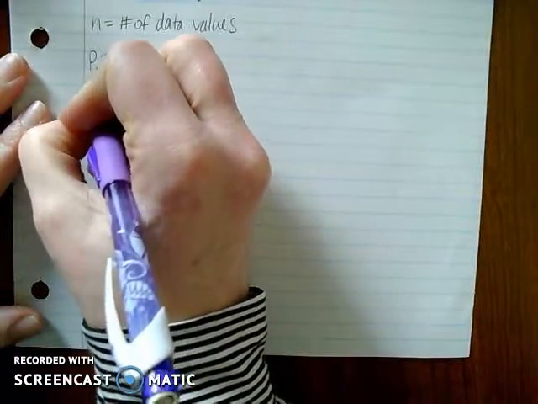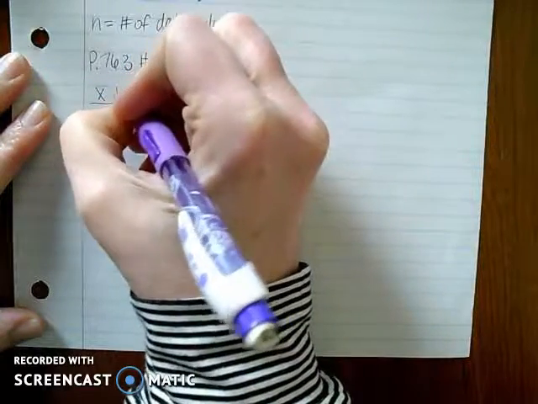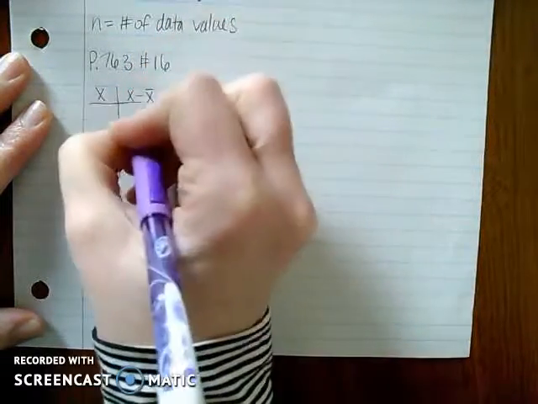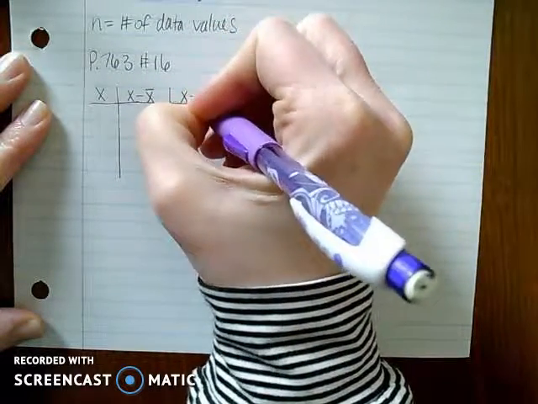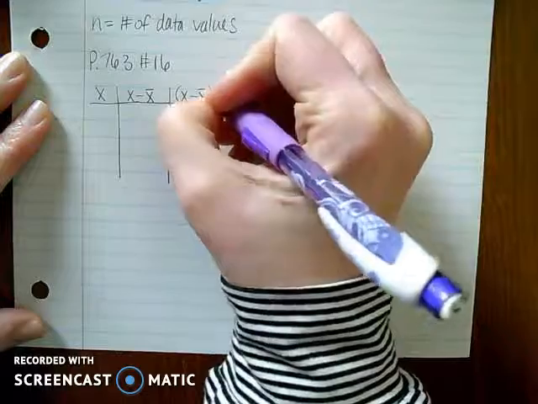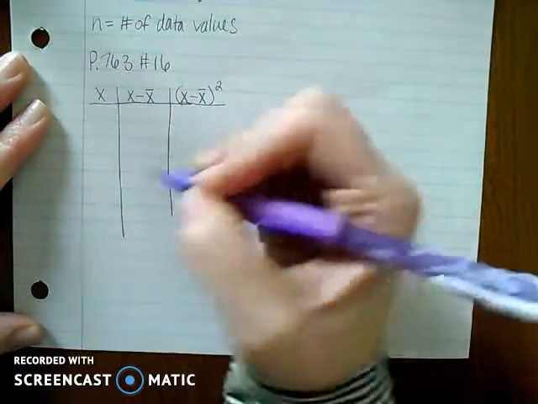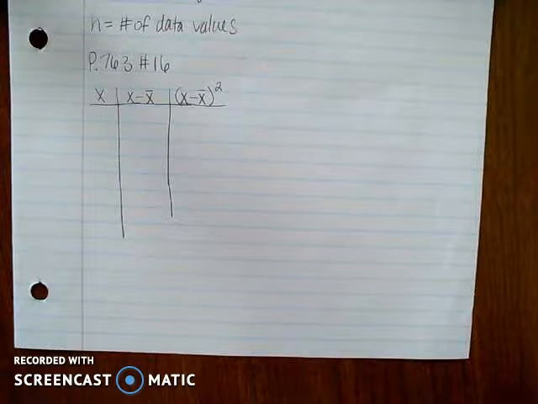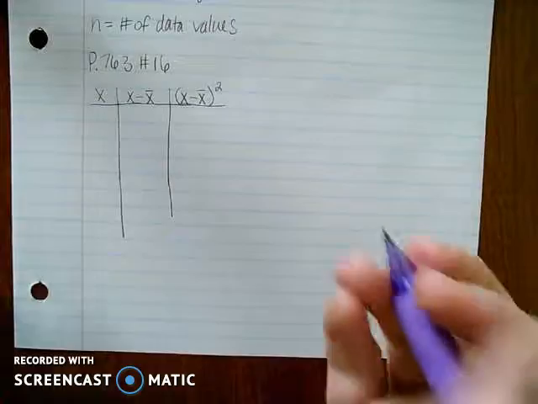So I'm going to make this chart. First, I'm going to put all of our x's, and then I'm going to put x minus x bar, and then I'm going to put x minus x bar squared. And again, I'll kind of show you, some people skip this middle one, and we'll talk about that. You don't have to put these in order if you don't want to. I'm not going to, but it's totally up to you.